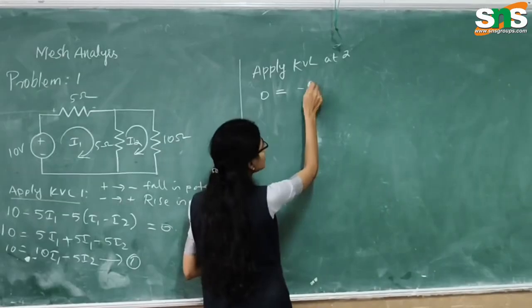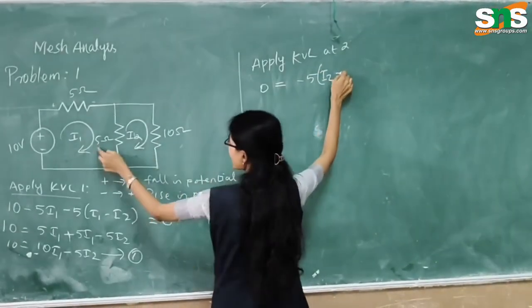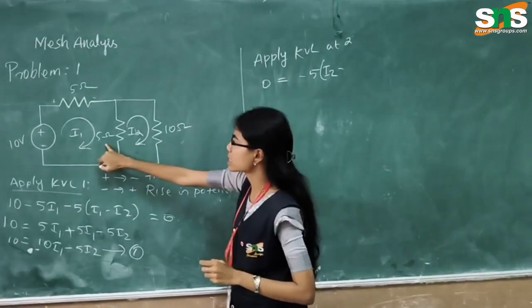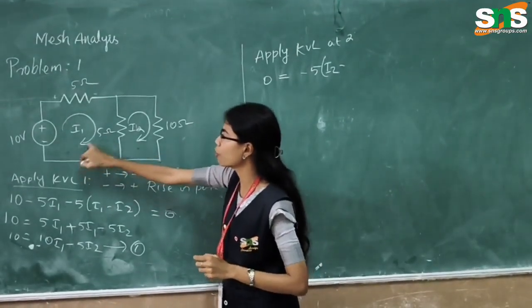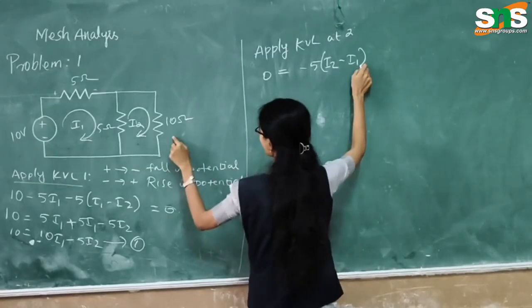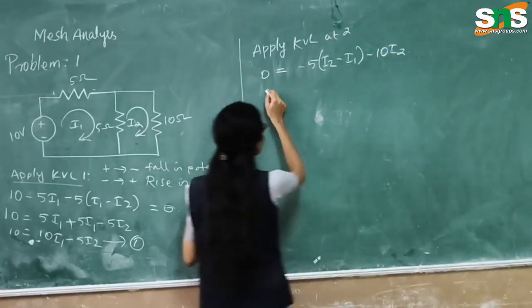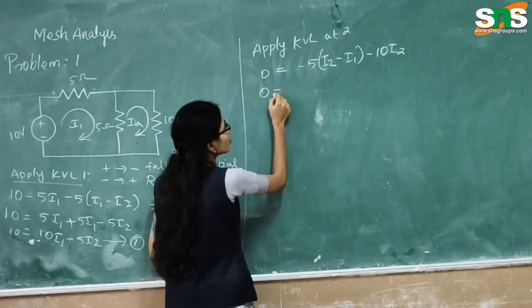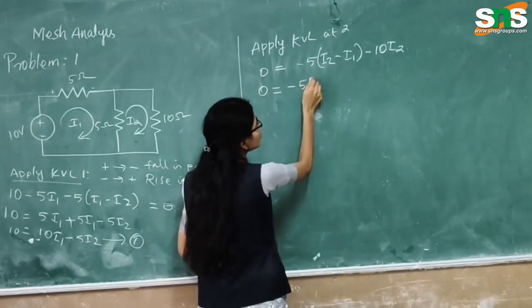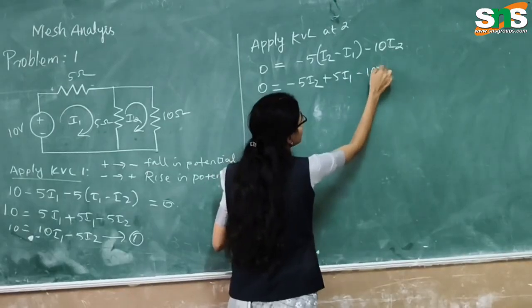I2 is minus 5 times I2 minus I1. Why? Because this 5 ohm resistor is shared by loop 1 and loop 2, so I2 minus I1, and then 10 I2. So 0 is equal to minus 5 I2 plus 5 I1 minus 10 I2.